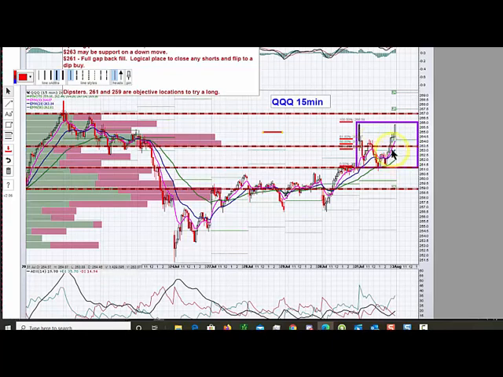If you were nimble and inclined to do it, you could have gotten long on that break above, set your stop there, and taken a shot with 263.5 calls, whatever, and you got the push higher. You never came back to threaten your stop. You could have stayed long and taken profits any point along the way into the close.